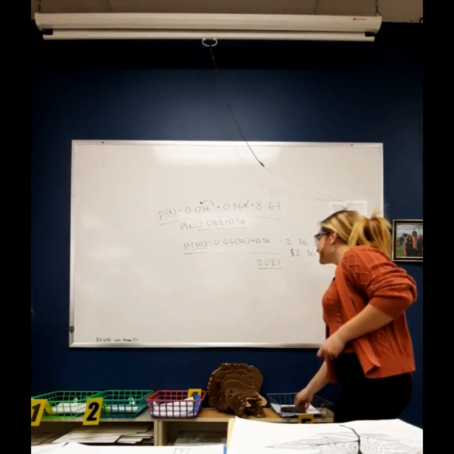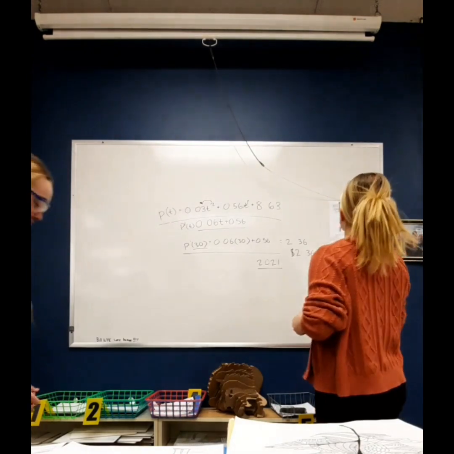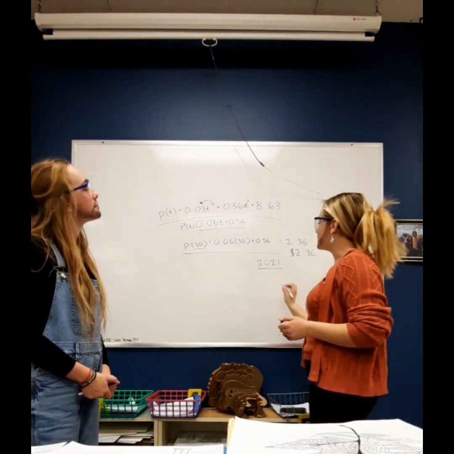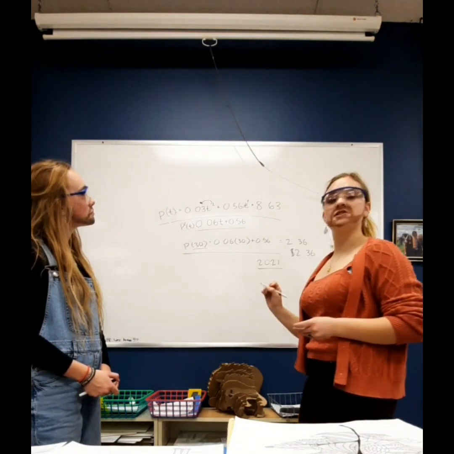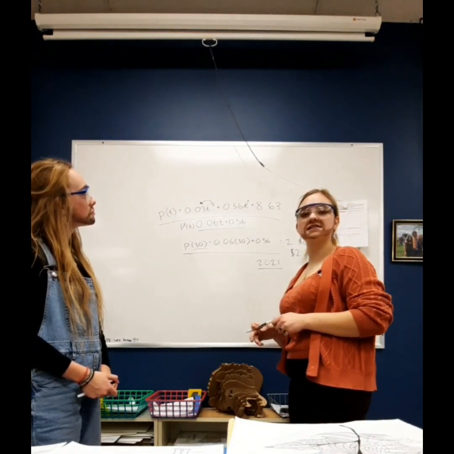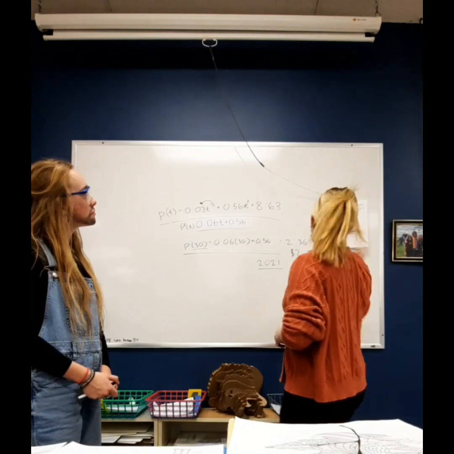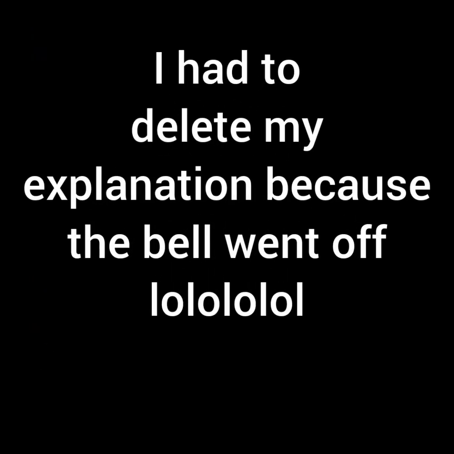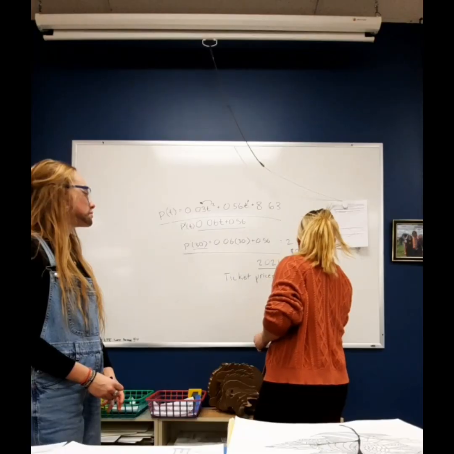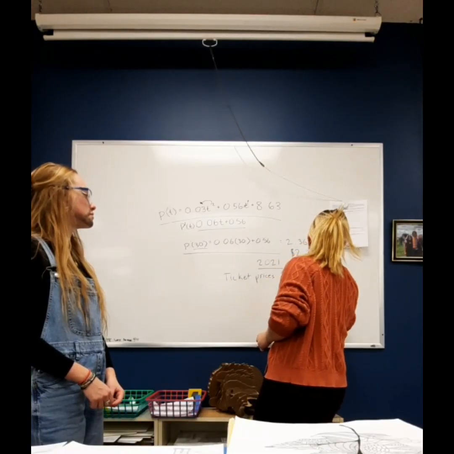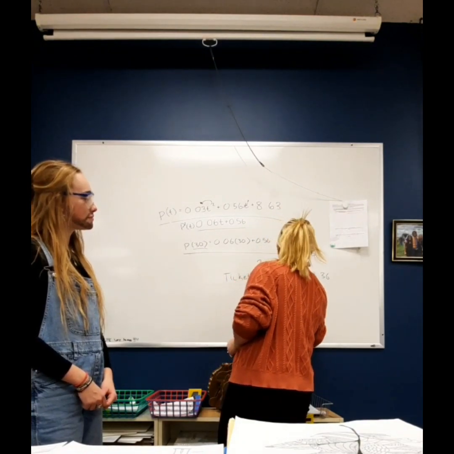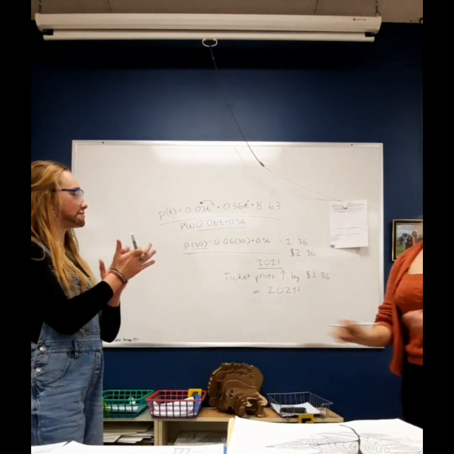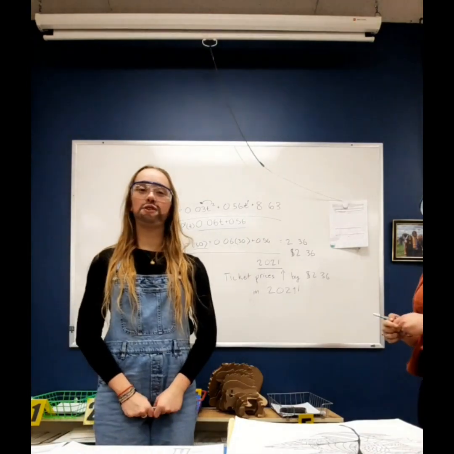So to explain this in a sentence, what it means is that in 2021, just the year 2021, the price of the ticket increased by $2.36 because the instantaneous rate of change only applies to the year given. $2.36 in the year 2021. And that is the answer to question B.